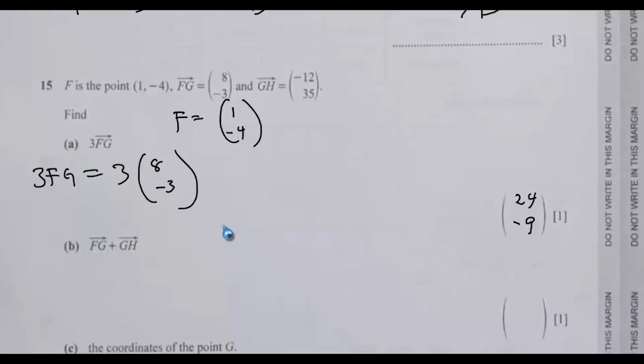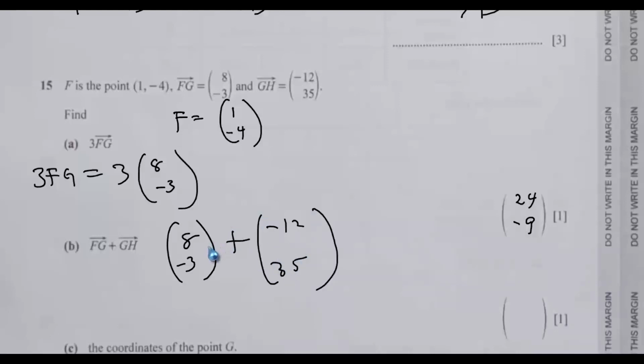For the B part, we need to add FG and GH together. So FG is 8, -3, that is FG. Then add GH, which is -12 and 35, like this.